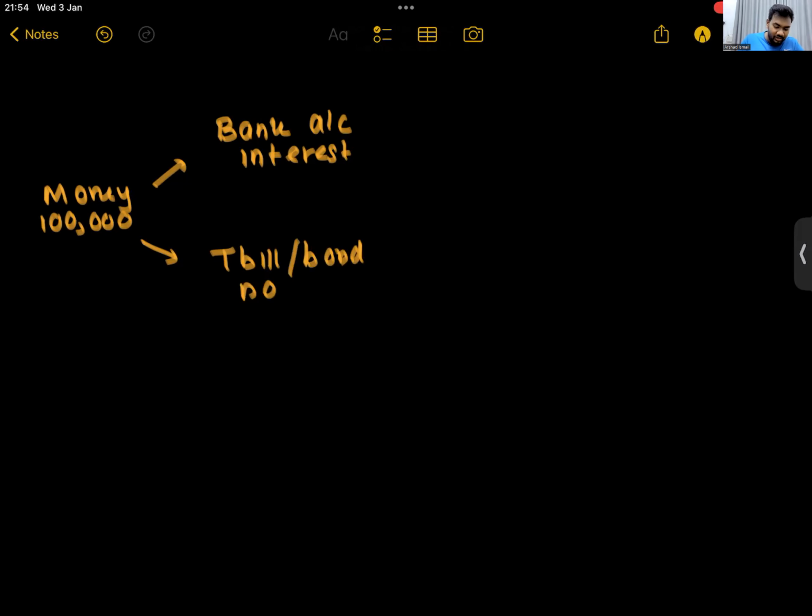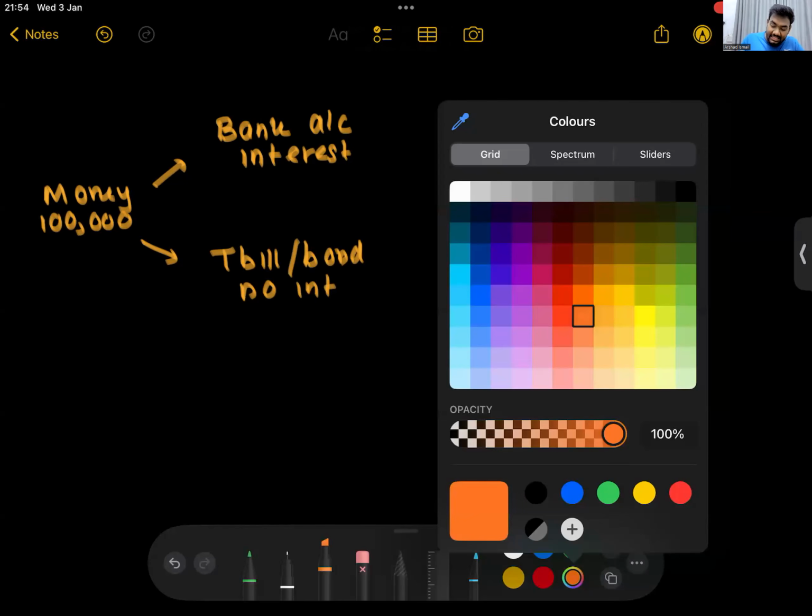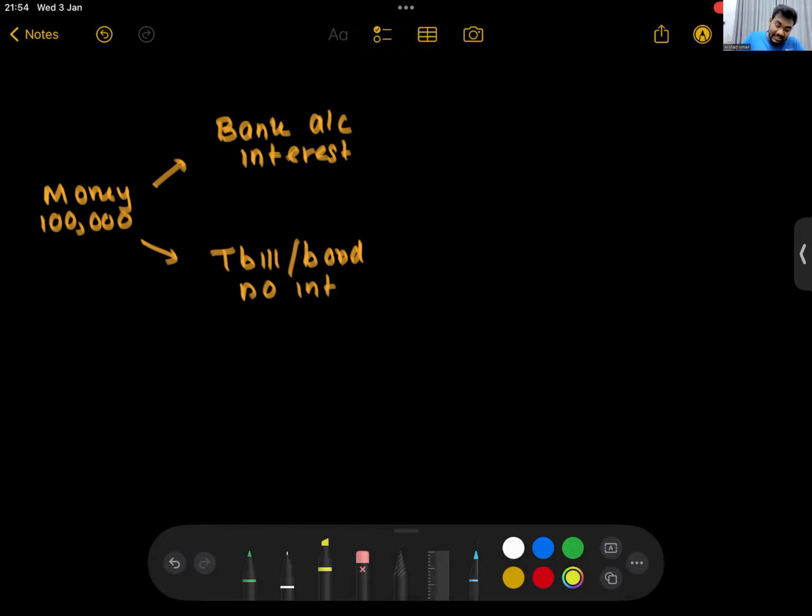Now I want you to think like an investor. We'll see if you all can practically figure this out. Let's say, in the market, interest rates increase. Where will you put your money?